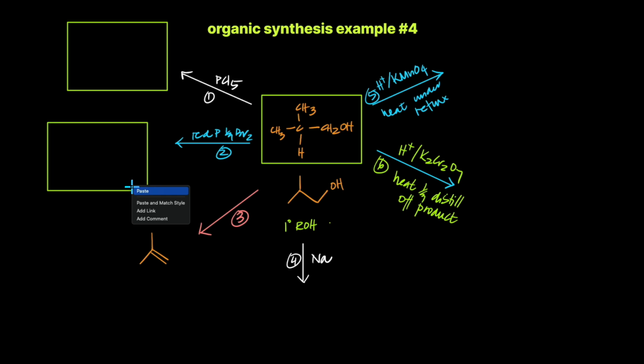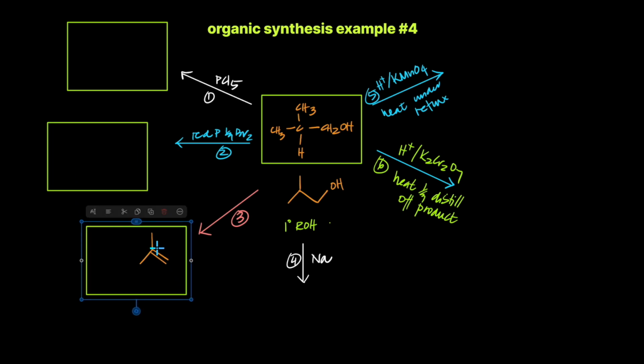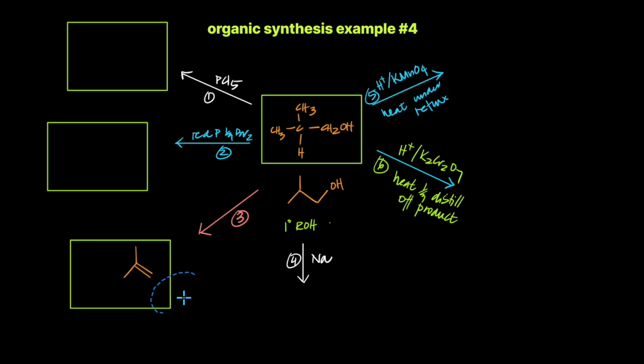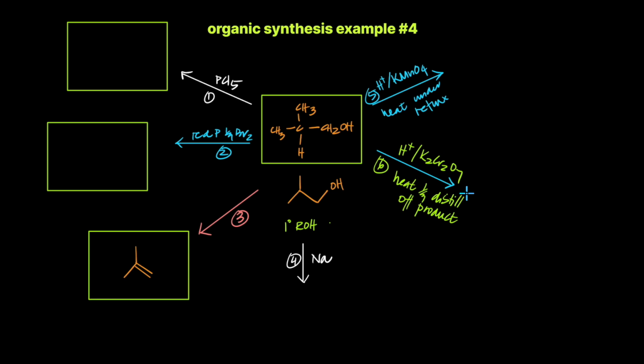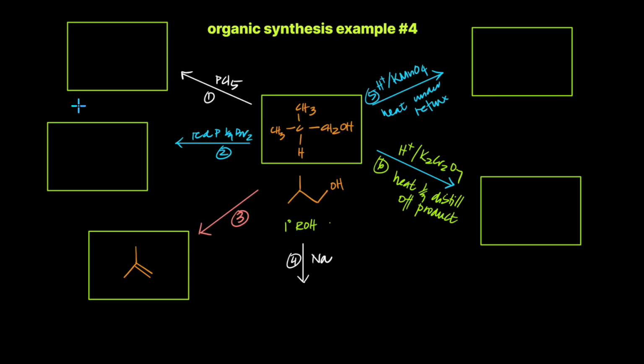I'll put that in box 3. And then box 4 and box 5. Equations 5 and 6. These are all 6 things we have to build. So build all the products here.